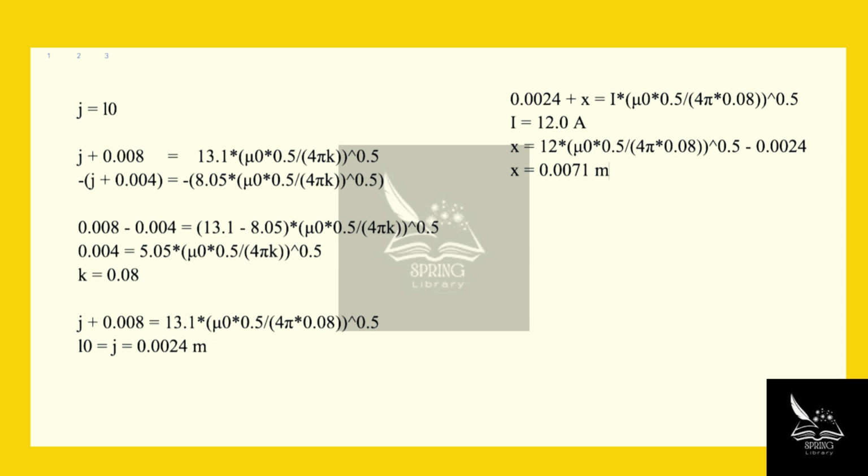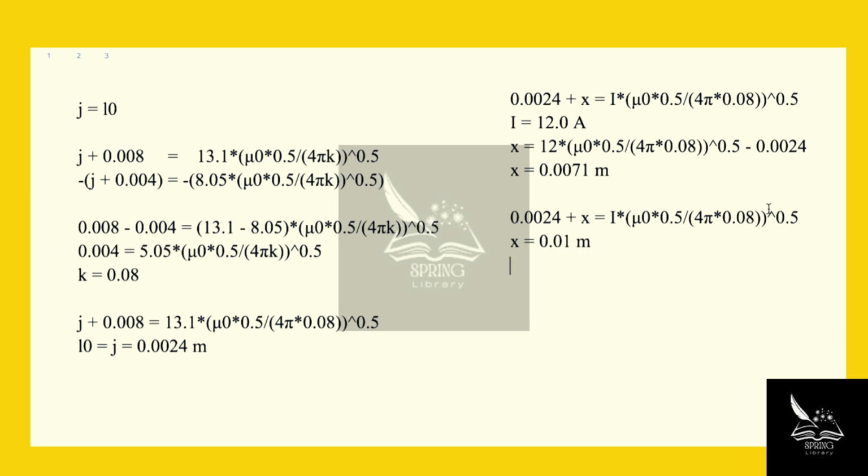Now for part C, we're asked what current is required for each spring to stretch 1 centimeter. So this is just the reverse case of this, where instead of having I and solving for X, we're told X and we want to solve for I. So starting with this same equation again, but now we know X is 0.01 meters because it's 1 centimeter.